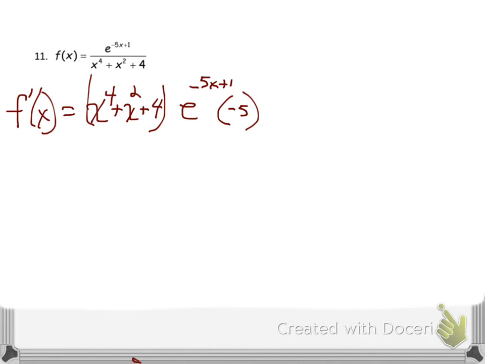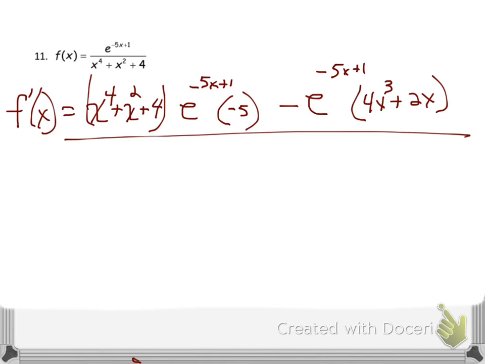I did low, d high, minus high, so write what you see there. We're not taking a derivative. D low, you're going to need your parentheses, so I'm going to have 4x cubed plus 2x all over x to the 4th plus x squared plus 4, and that's going to be squared. Okay, so you probably want to clean this up a little bit. I'm going to leave that for you to do, but that's the essence of that problem.